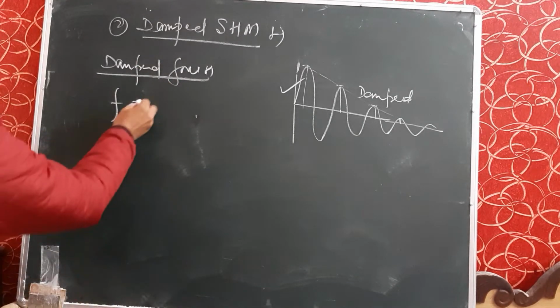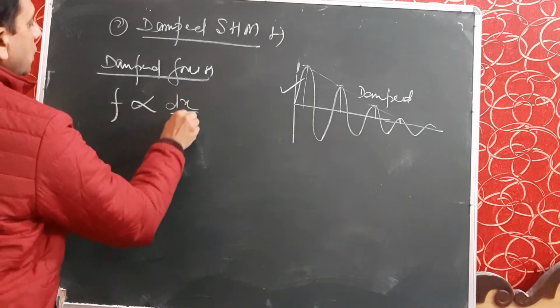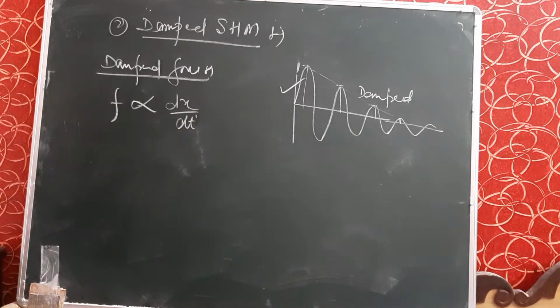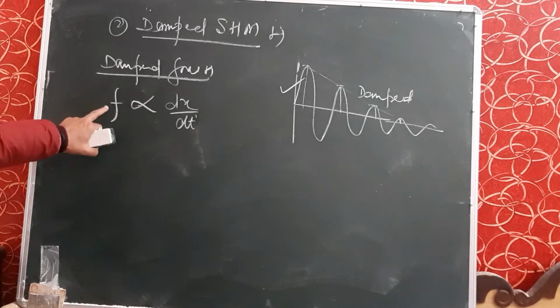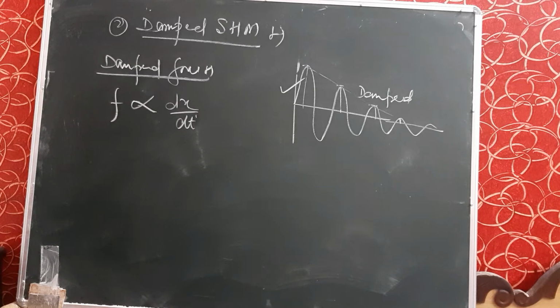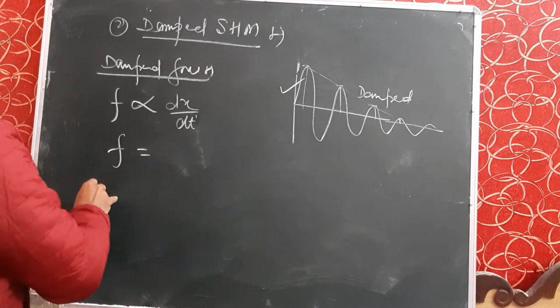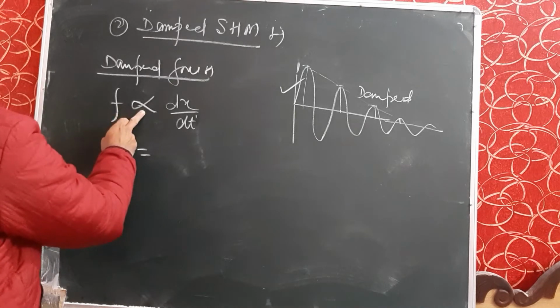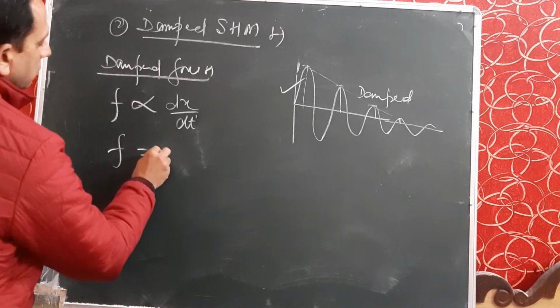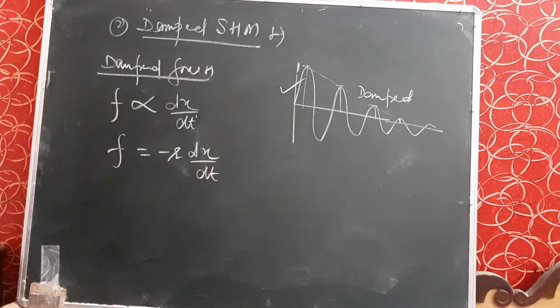This force is directly proportional to the rate of change of displacement, or we can say that the force is directly proportional to velocity. And if we introduce the proportionality constant, there will be minus r into dx by dt.